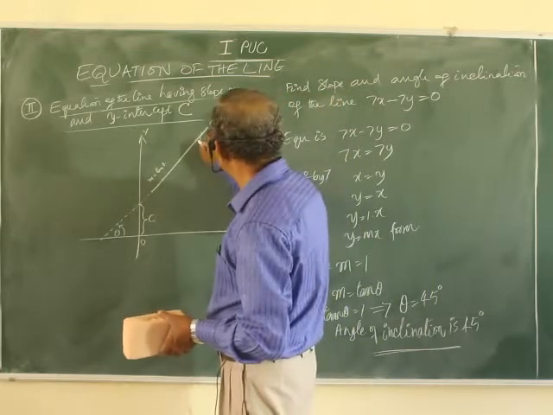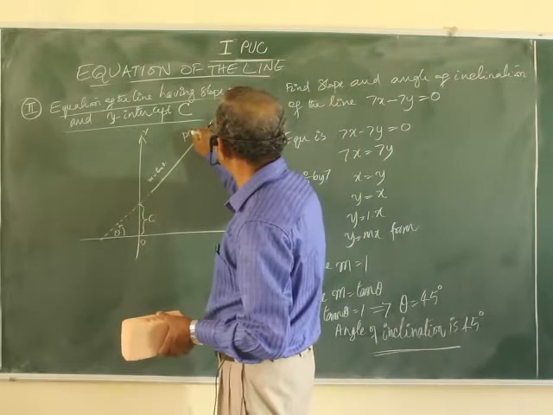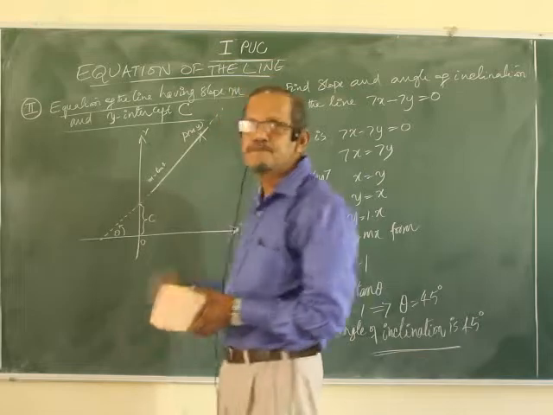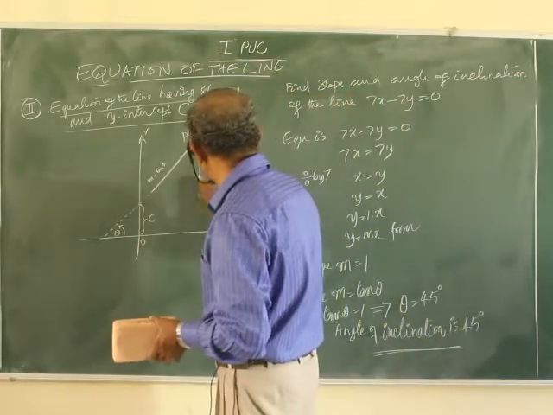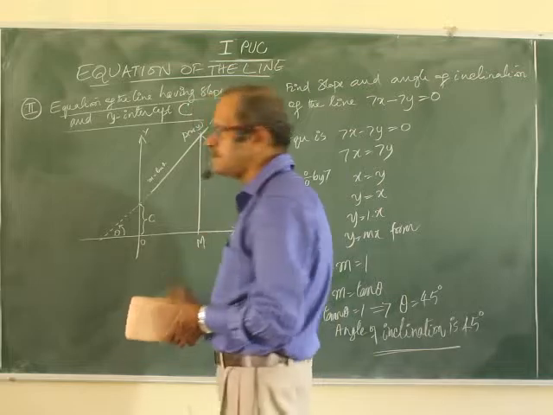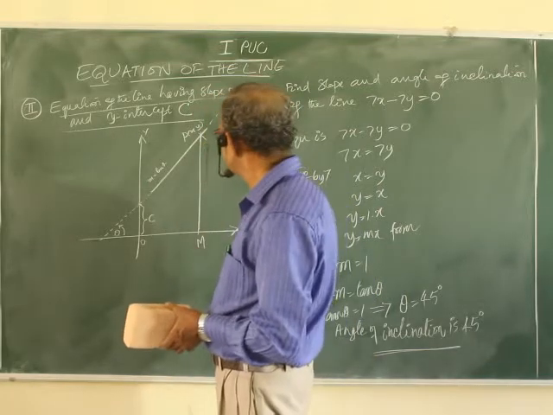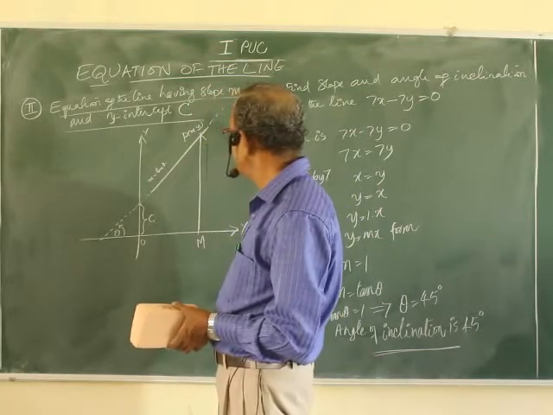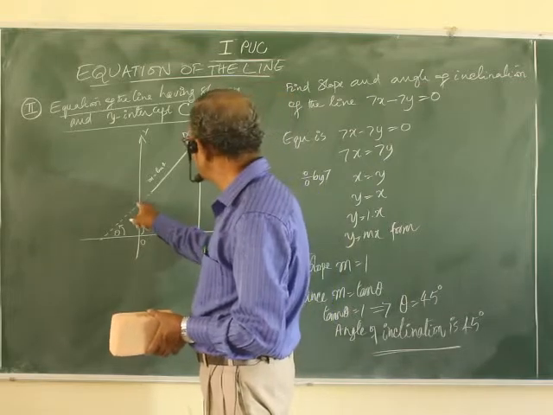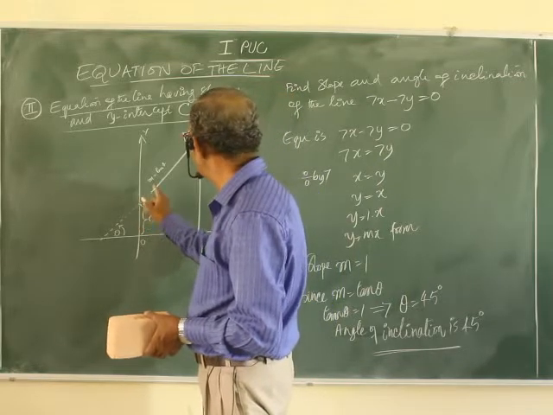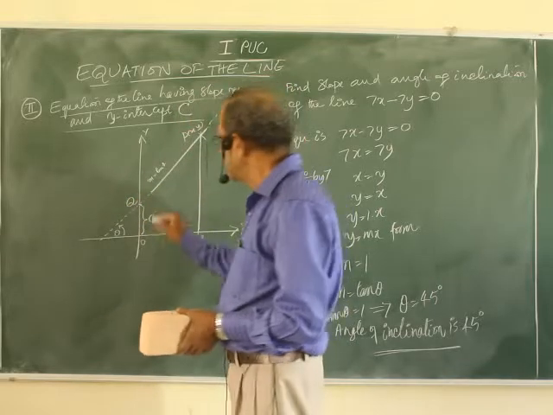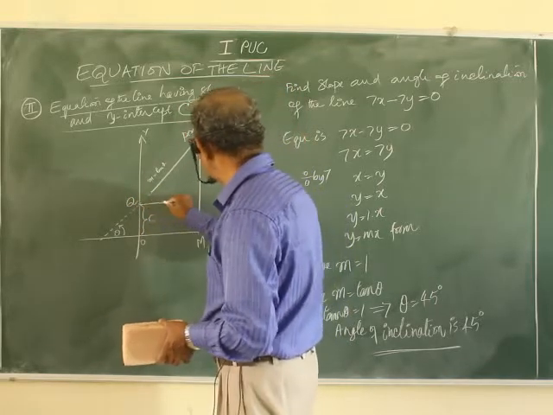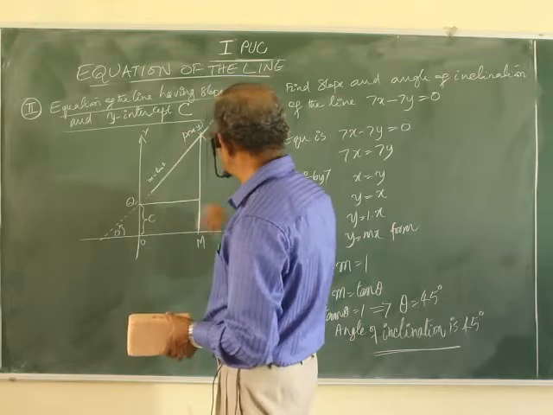Same point, Pxy be any representative point. Drop the perpendicular from there, M. Right? Here, one more point where it intersects. Let me call it Q. Another perpendicular from there to this PM.